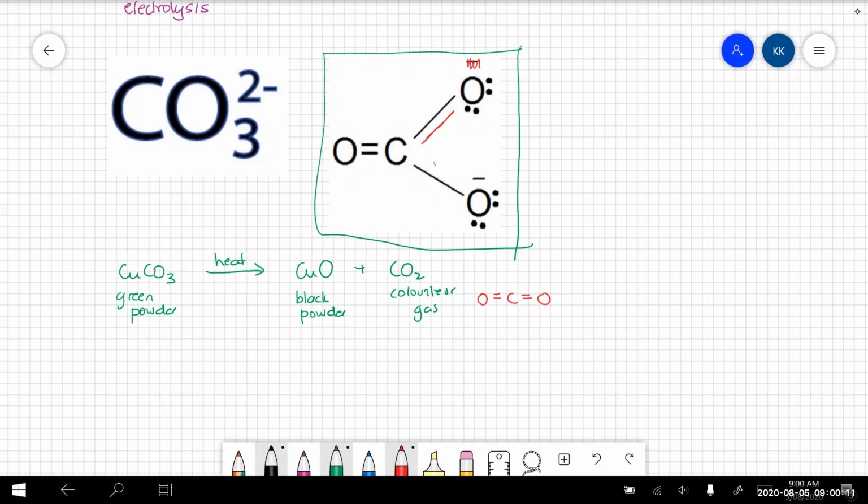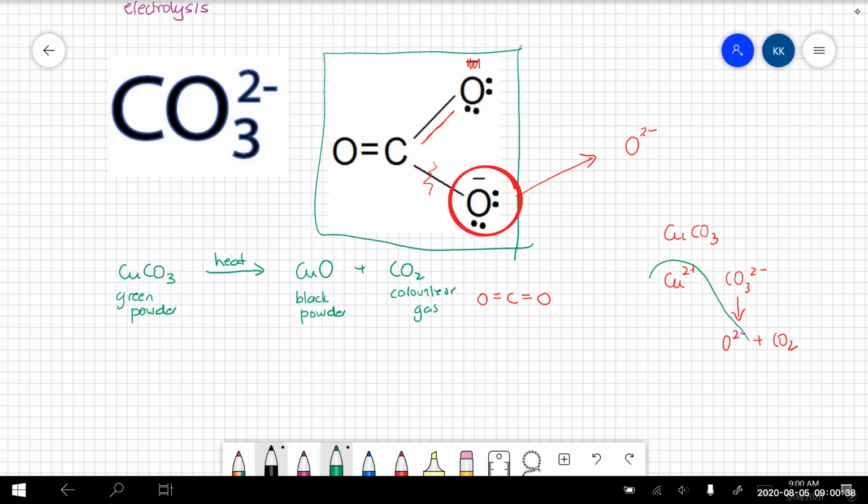But this bond will break, and the oxygen here is going to take an extra electron, so it's going to become O2 minus. And that's when we've got copper carbonate, that's copper ions and carbonate ions. That's going to break up into the oxide ion and carbon dioxide. And then we're going to get these two making the copper oxide, which is the black powder. So that's what happens when you decompose a carbonate.